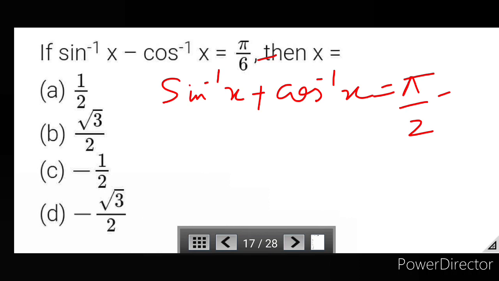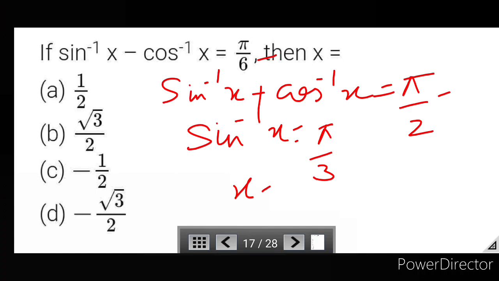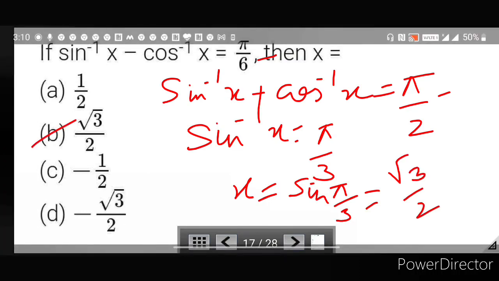Solving these two equations, we get sin inverse x is equal to pi by 3, that is x is equal to sin pi by 3. Now from trigonometric ratios table, sin pi by 3 is equal to under root 3 by 2. So B is correct option.